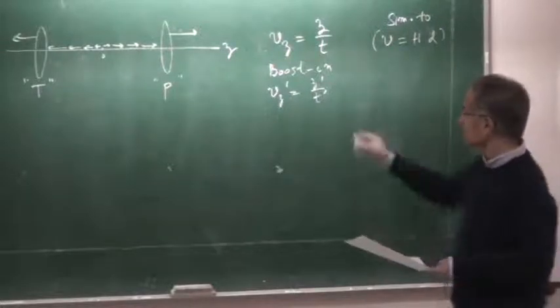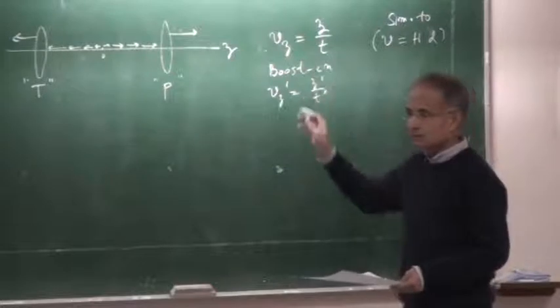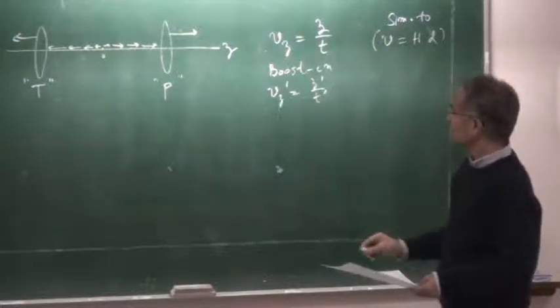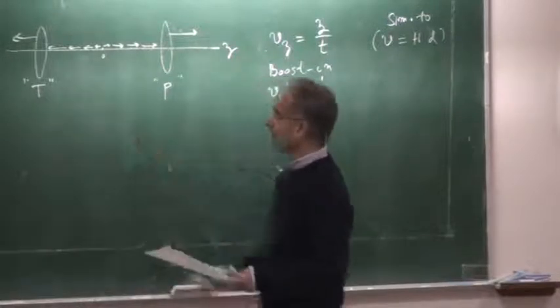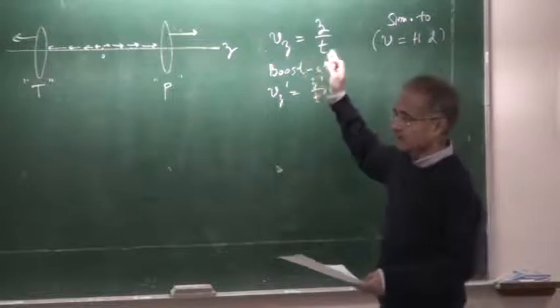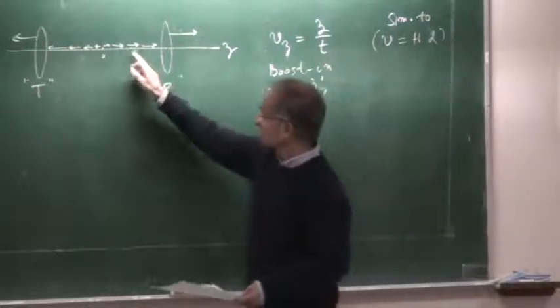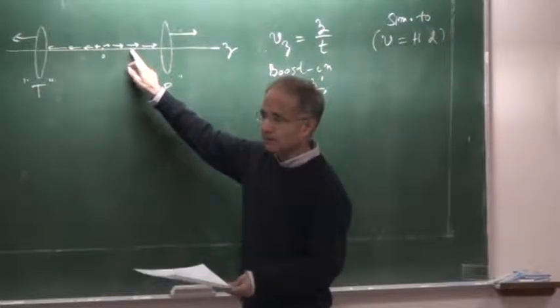Here t is the time measured in the center of mass frame. So at any given time, the velocity is z upon that time, whatever time it is.